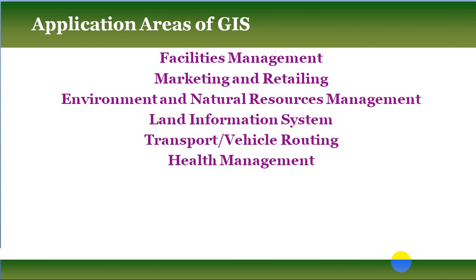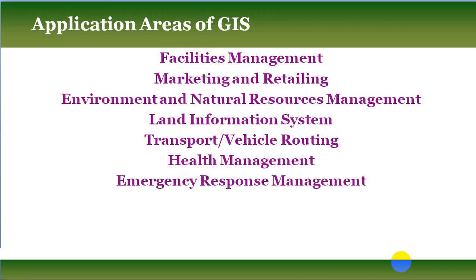Health management purpose, we are using GIS. If you want to monitor the spread of different diseases, if you want to restrict them, if you want to handle patients properly, then we can also use GIS.